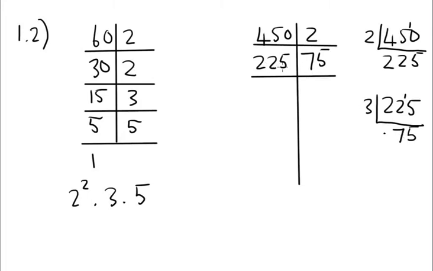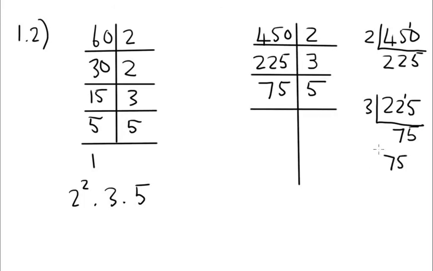So with our answer, 450 divided by 2 was 225. In fact, I shouldn't say divided by 75, we should say divided by 3 equals 75. Apologies for that. And then we're going to say 75 divided by 5.